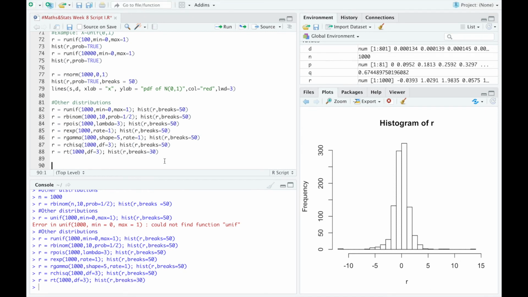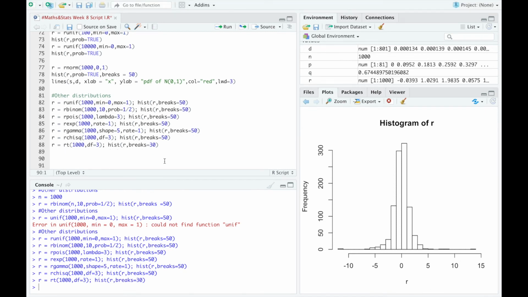Okay, so the last thing that we look at in this video is a very simple and straightforward simulation example of the weak law of large numbers and the central limit theorem. So let's look at the weak law of large numbers.